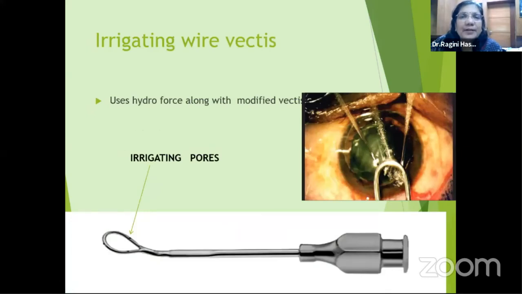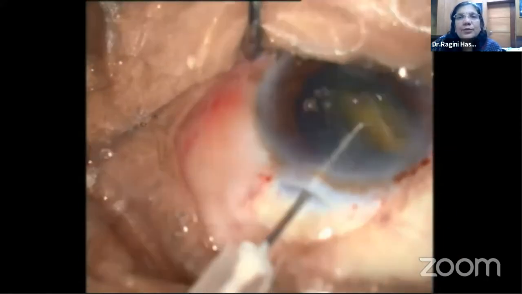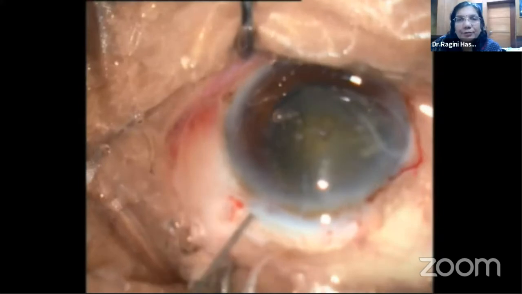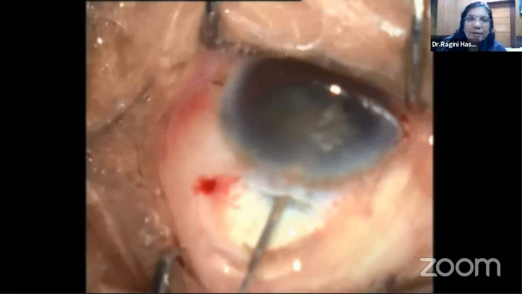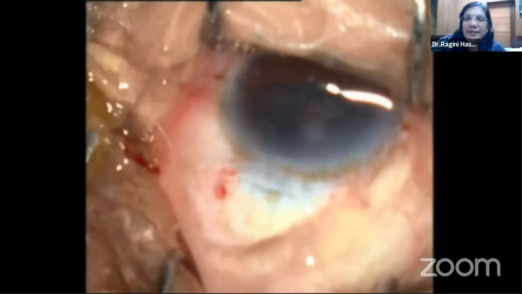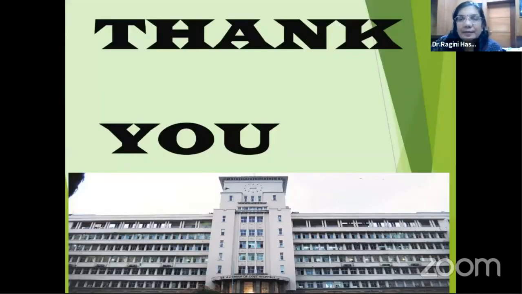This is an irrigating wire vectis, as you can see in the diagrammatic picture, where it is attached to an irrigation line, and there is flow of fluid, which again helps the nucleus to be delivered. So this is again a visco-expression technique: luxation of the nucleus into the anterior chamber, putting of the visco, and then pulling it only after it is engaged to ensure complete delivery.